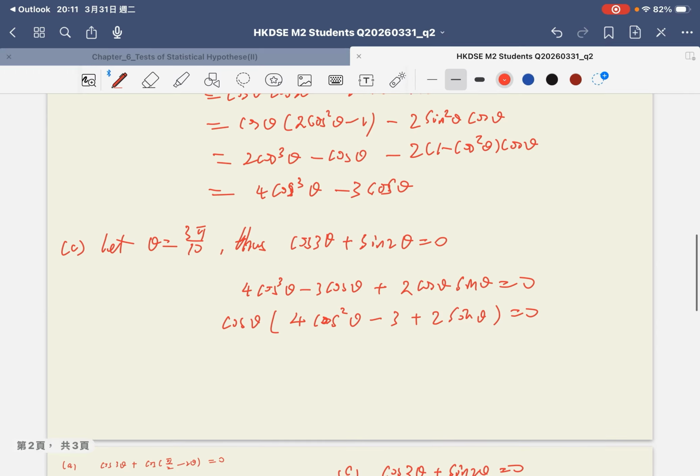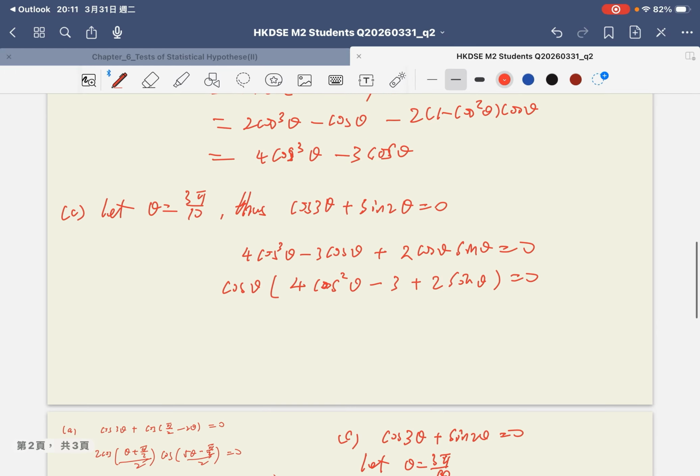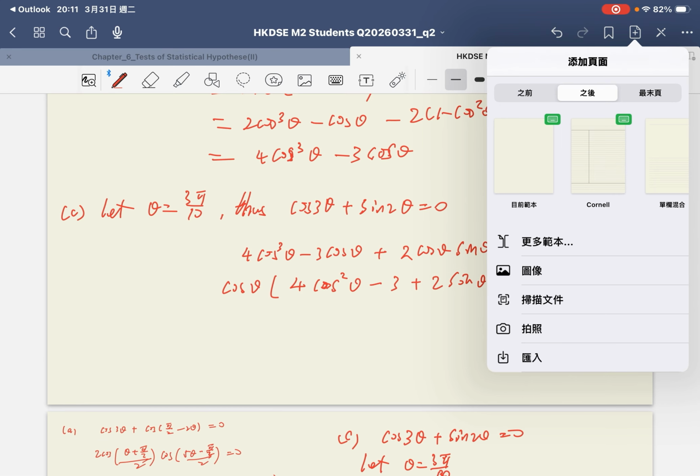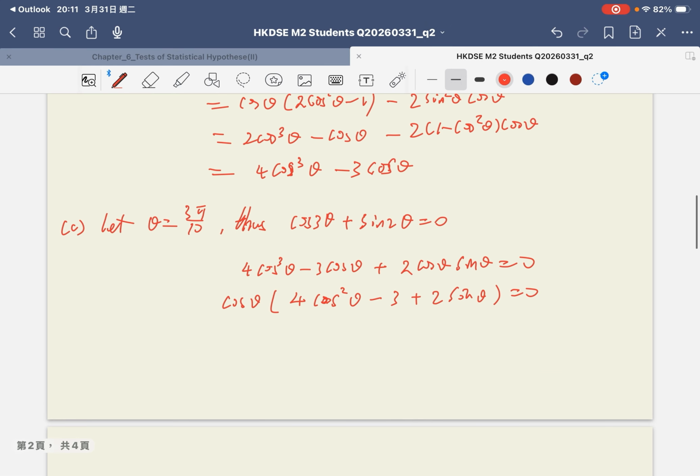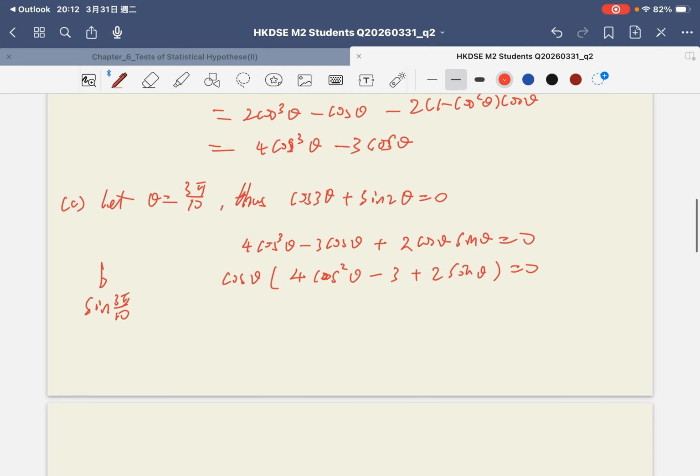Okay, then obviously one of the roots should be sine 3π over 10. Therefore, I try to solve the equation. The first factor is cosine θ equal to 0.